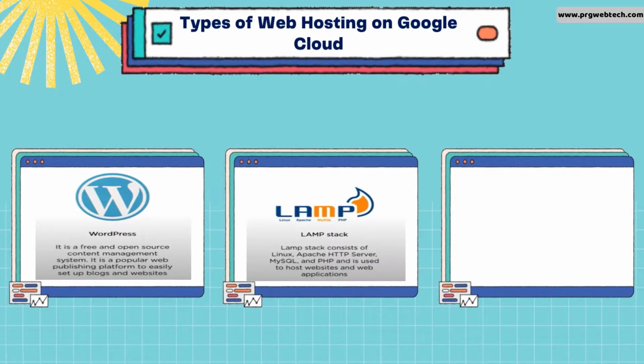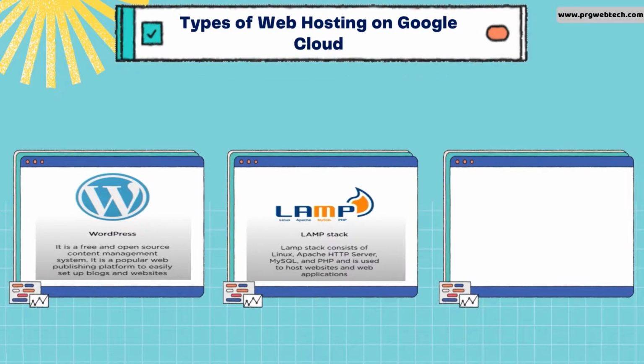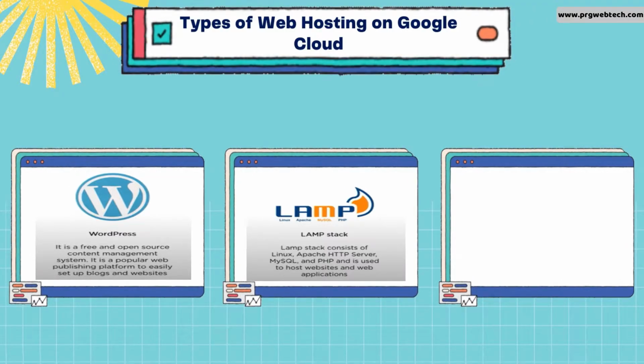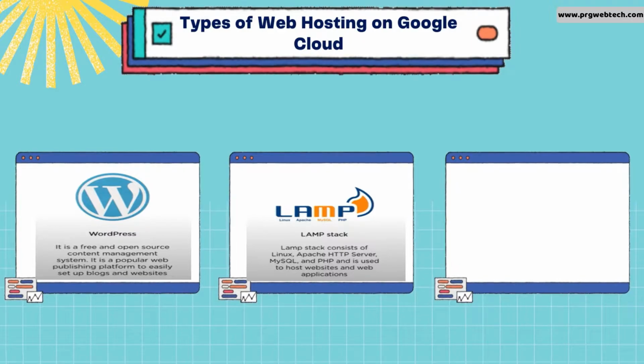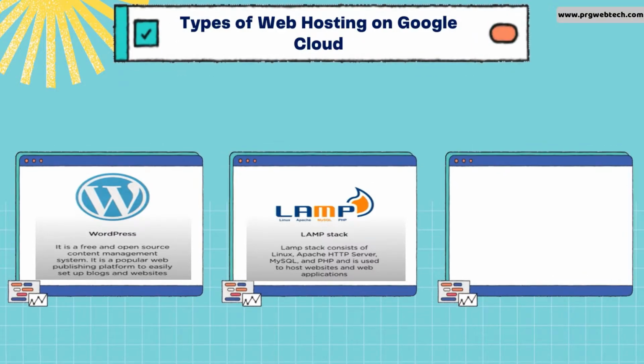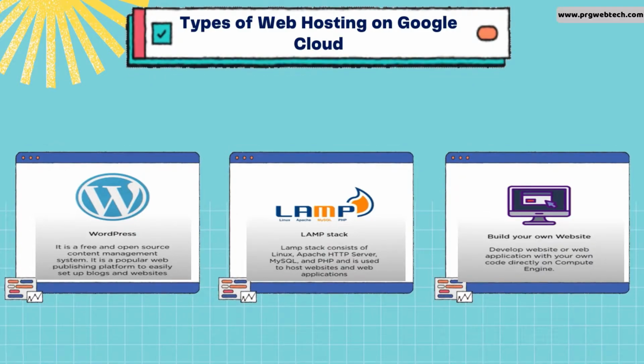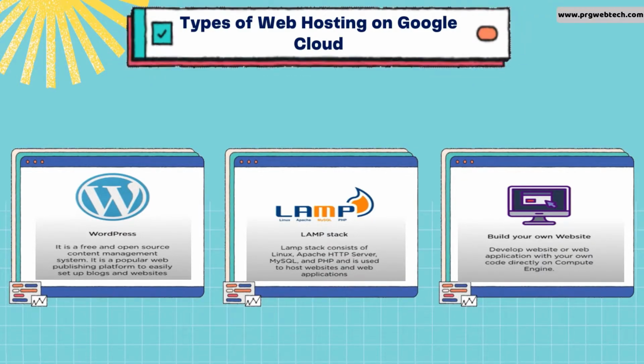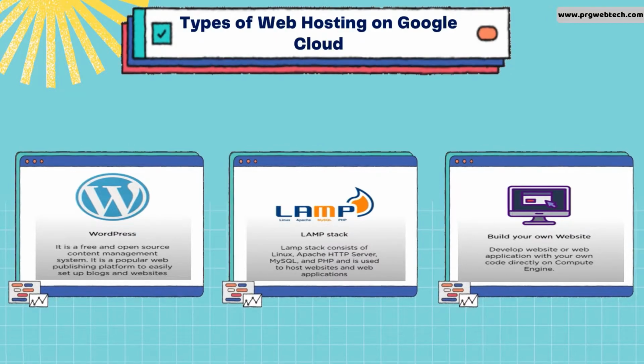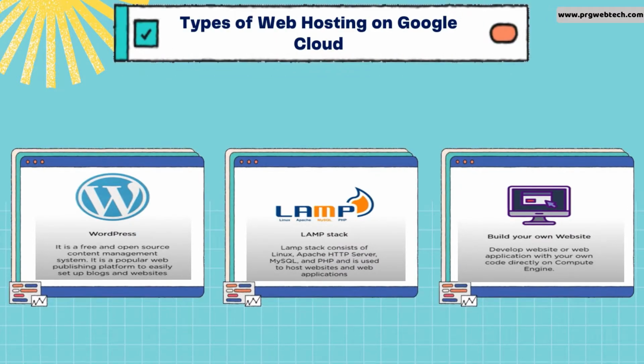Second is LAMP, which stands for Linux, Apache, MySQL, and PHP. The LAMP stack consists of Linux, Apache HTTP server, MySQL, and PHP, and is used to host websites and web applications. You also have the option of building your own website or web application with your own code directly on Compute Engine.